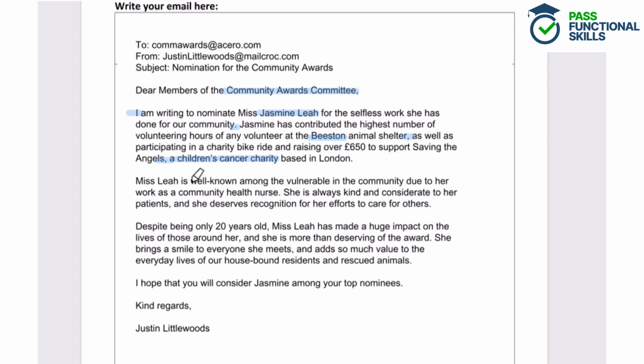So we've got well-known to connect two words together. Well and known have separate meanings, but this hyphen has connected them together to create a singular word with a singular meaning. So try to use punctuation creatively in order to create different effects on the reader, and make sure that you are using capital letters, full stops, commas and apostrophes correctly.